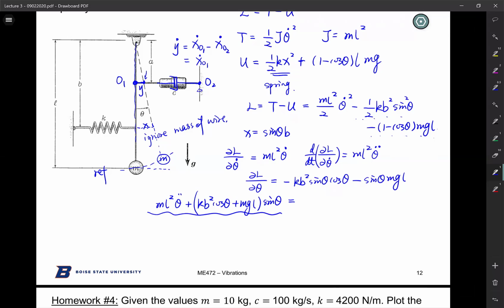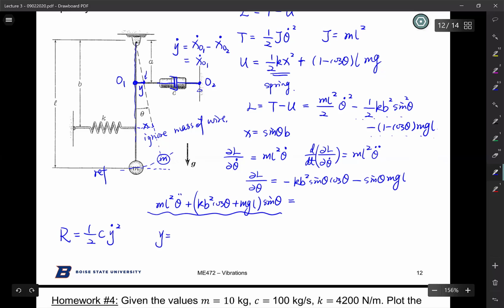As you can see here, we never look at the damper when we calculate the left-hand side expressions. So then let's deal with the damper. Again, we need to find the Rayleigh dissipation function first. That's just half times the damping coefficient times the relative velocity. In this case, as I said before, it's just y dot squared. And then what is y?